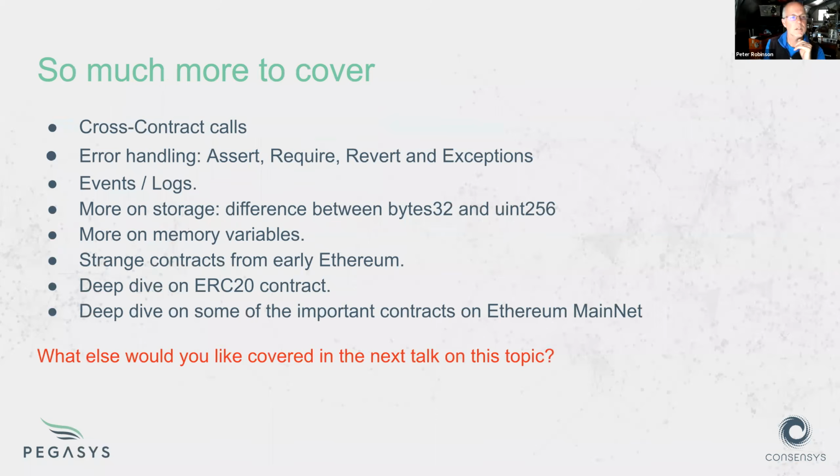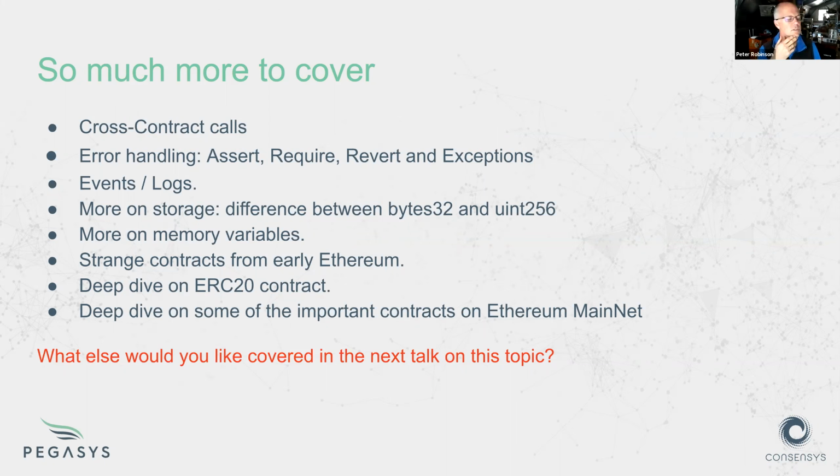And there's so much more to cover that wasn't covered. Like cross-contract calls, what do they look like? And why do you use the various types of cross-contract calls? What about error handling? So exceptions have been added recently, and we've also got asserts and requires and reverts.